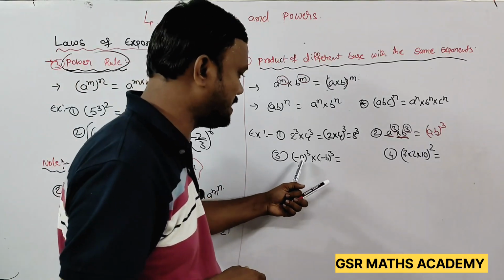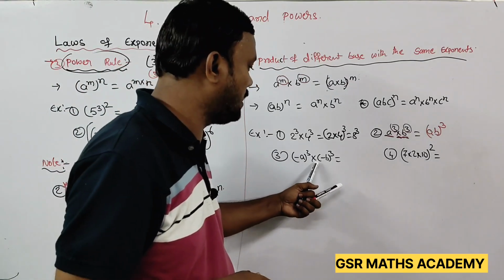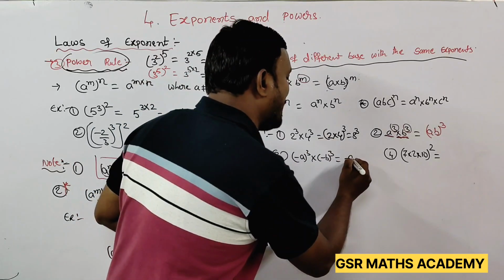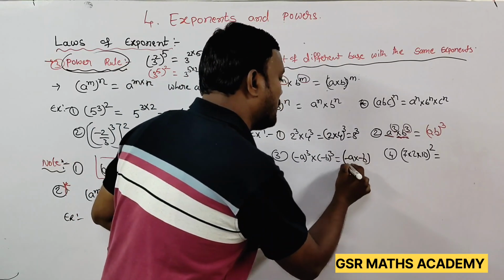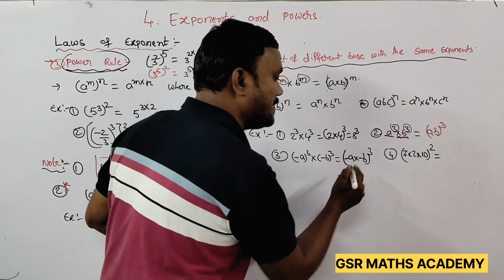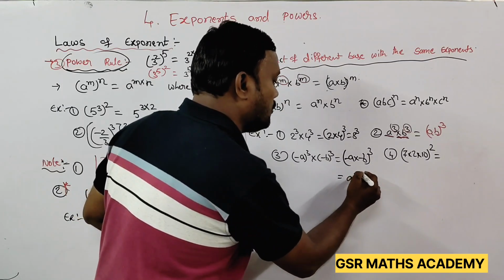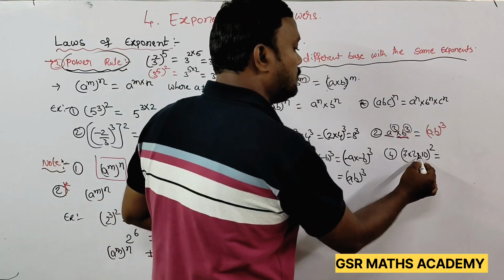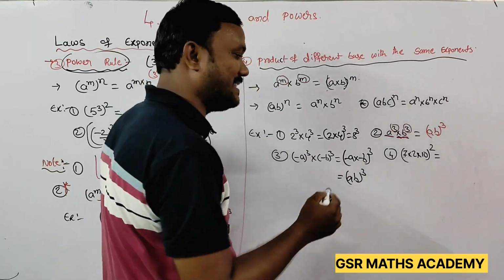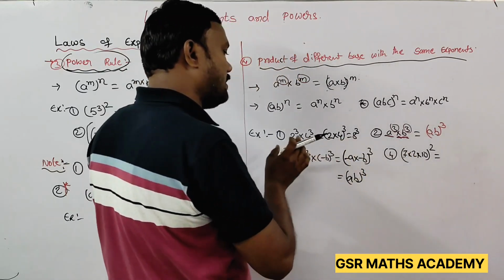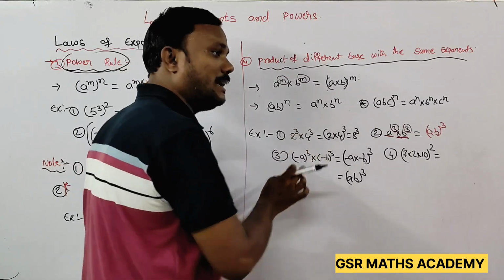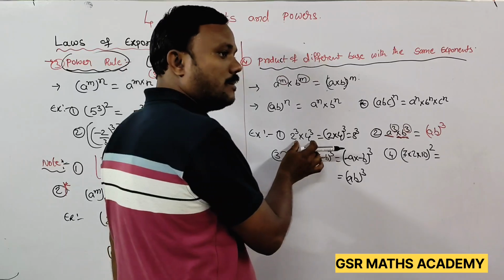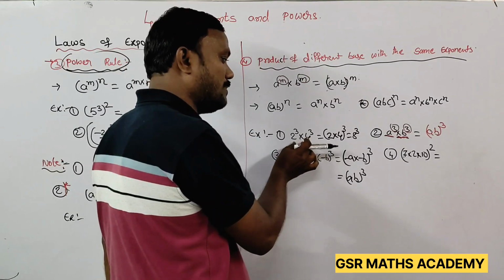In the same manner, minus a to the power of 3 into minus b to the power of 3 can be written as minus a into minus b whole to the power of 3, which is nothing but, minus into minus is plus, a into b whole cube. In the same manner, 7 square into 2 square into 10 square: if different bases are there and the exponents are same, then we can take the base as a product of these bases.